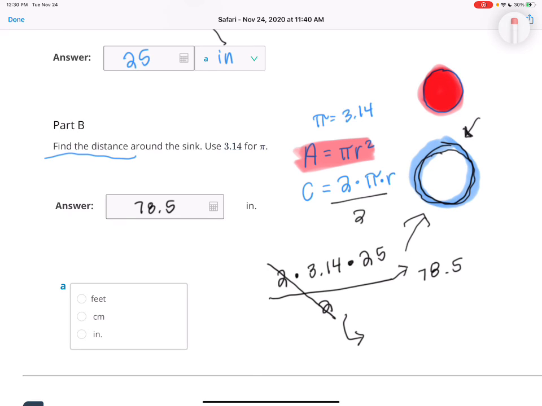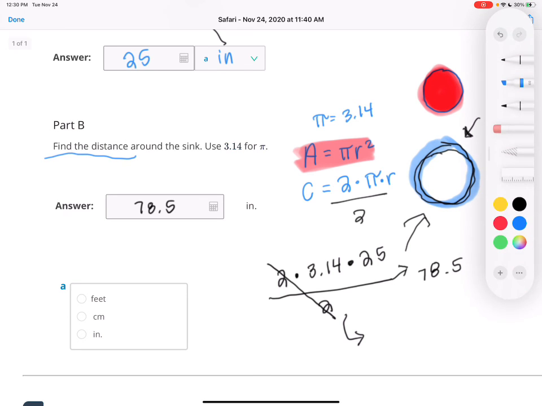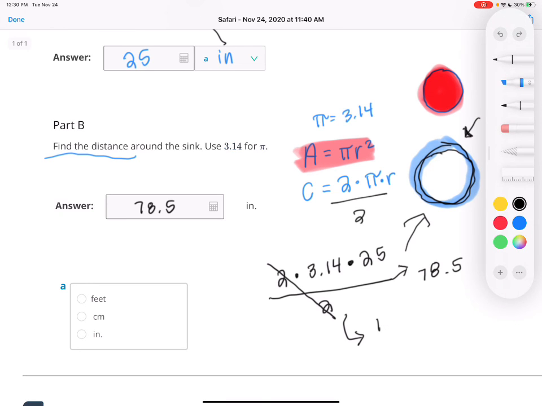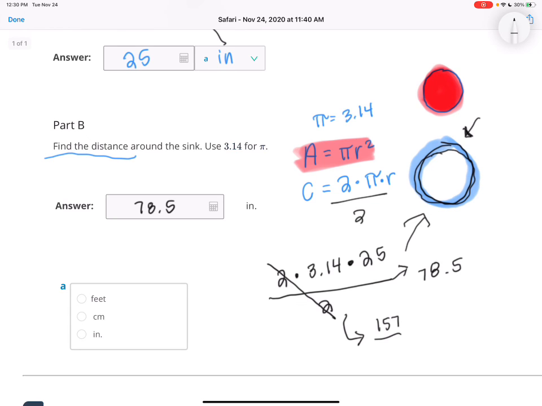So here we go. Yep, it would give me 157. Divided by 2. And 157 divided by 2 is 78.5, or 78 and a half. So it would give us the same answer anyway, okay, guys?